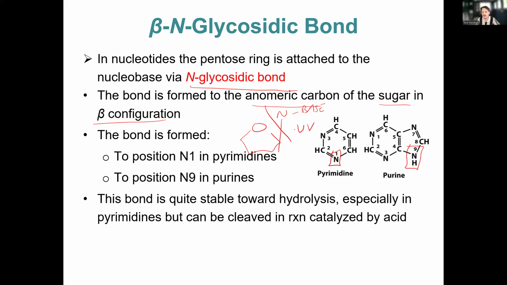For instance, UV radiation can cause base cleavage. So that's part of the reason why UV radiation from the sun is harmful and dangerous, and why we need to protect ourselves, because it will damage our DNA, for instance, causing depurination. So depurination, the loss of purine from our genetic material. And so our body needs to recognize that and repair that.